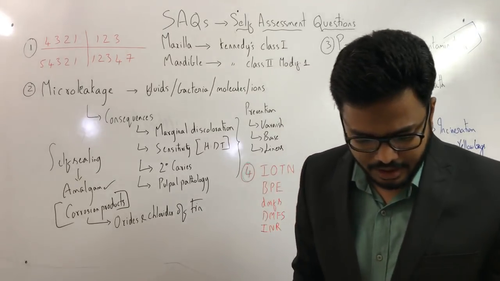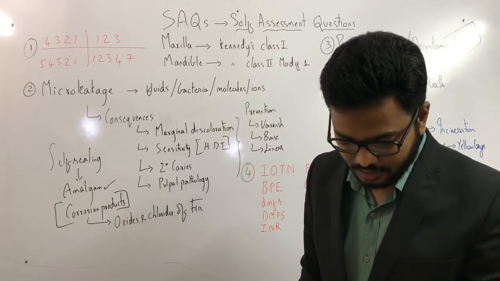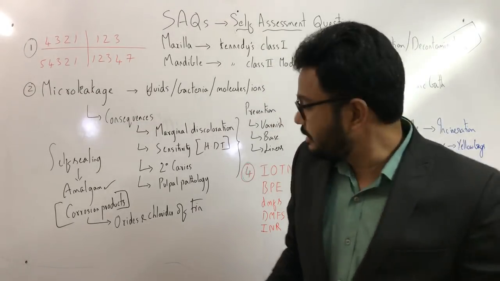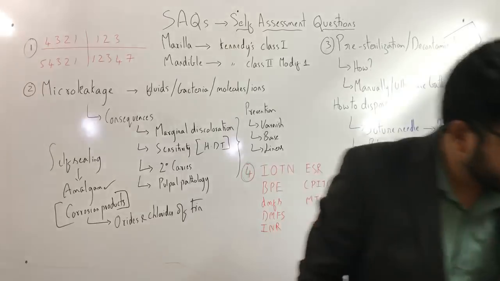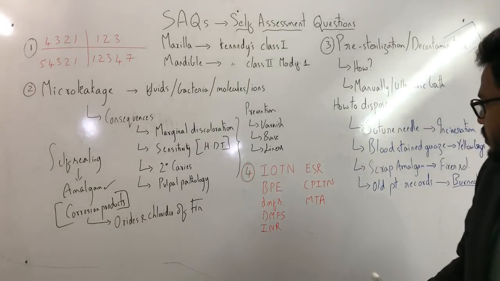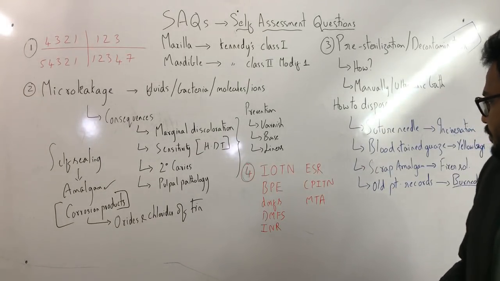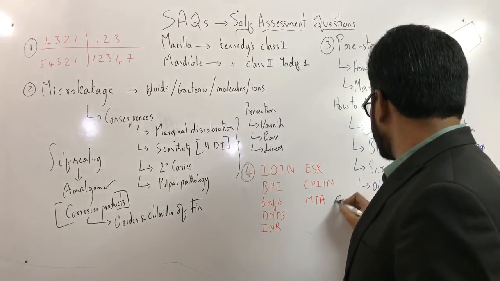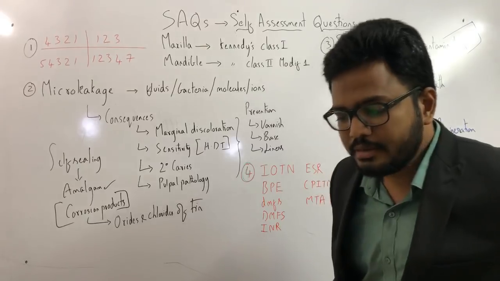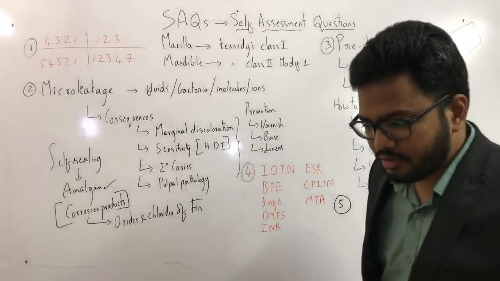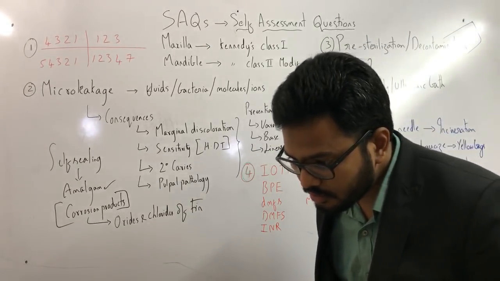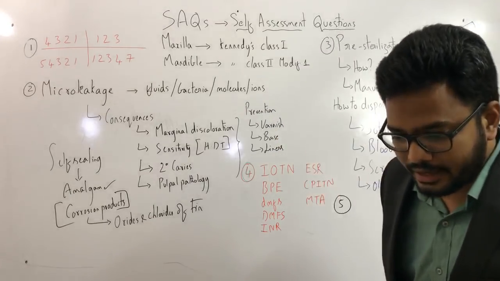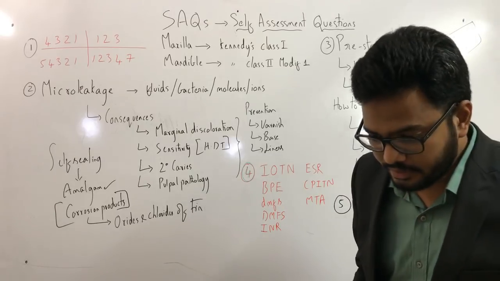Now this is from oral medicine. Let's test your oral medicine skills also. So the question is on lichen planus. Lichen planus is a chronic inflammatory disease.